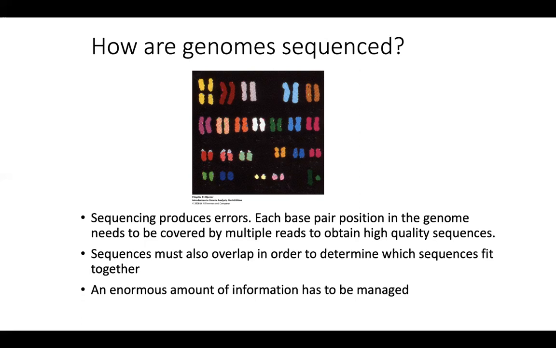Also, the way we stitch our sequences together is by the sequences overlapping with one another, so we can make sure that they're part of the same genome region. I'll show you a little picture of overlapping sequences so that this makes more sense. And this all means that an enormous amount of information has to be managed.